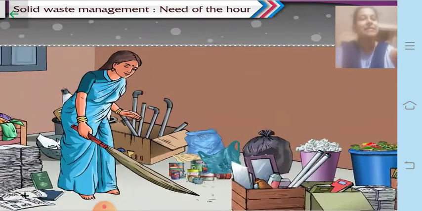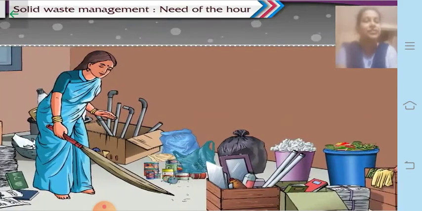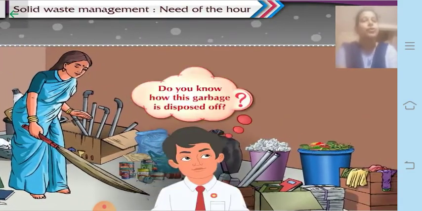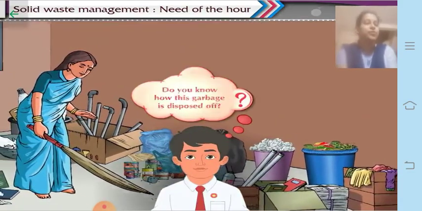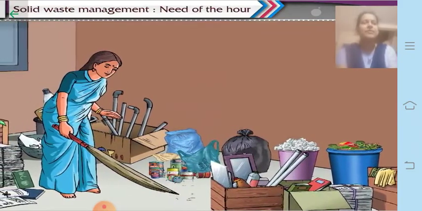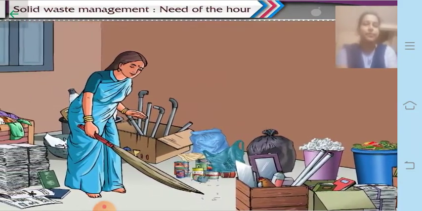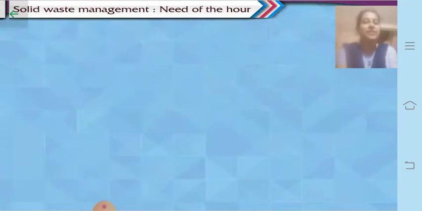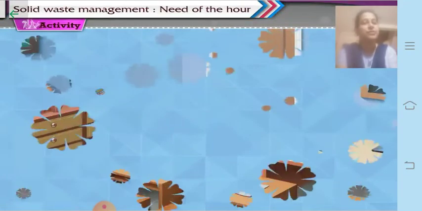Now let us see what type of waste is generated in the classroom. Do you know how this garbage is disposed of? Let us try to do a small activity, in which we will see how much garbage is produced in the classroom.